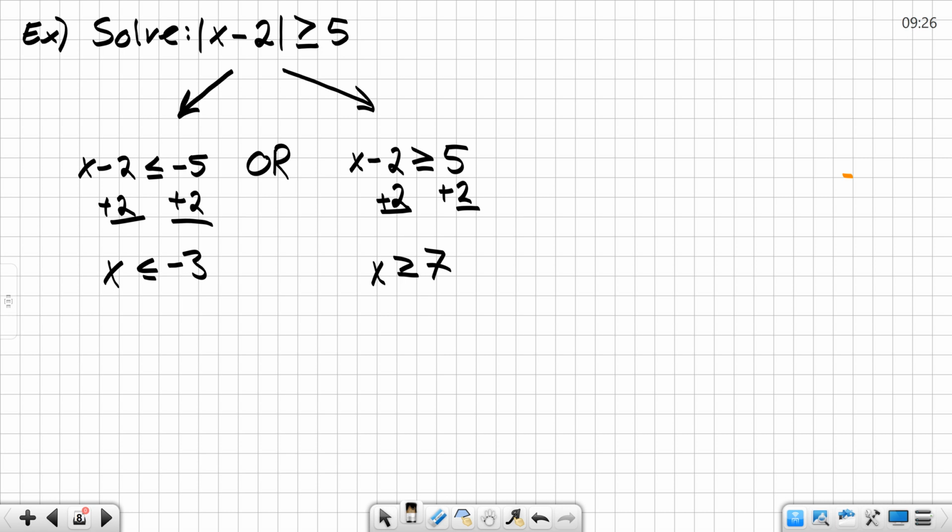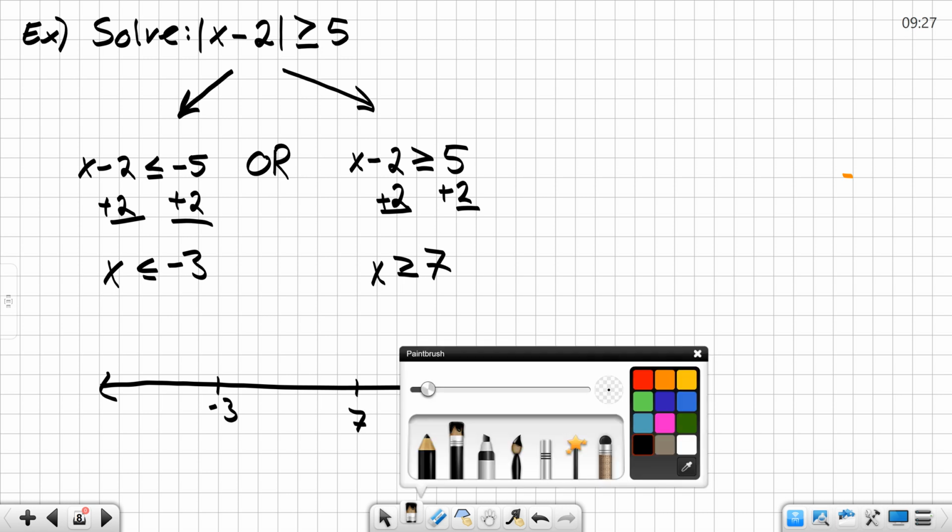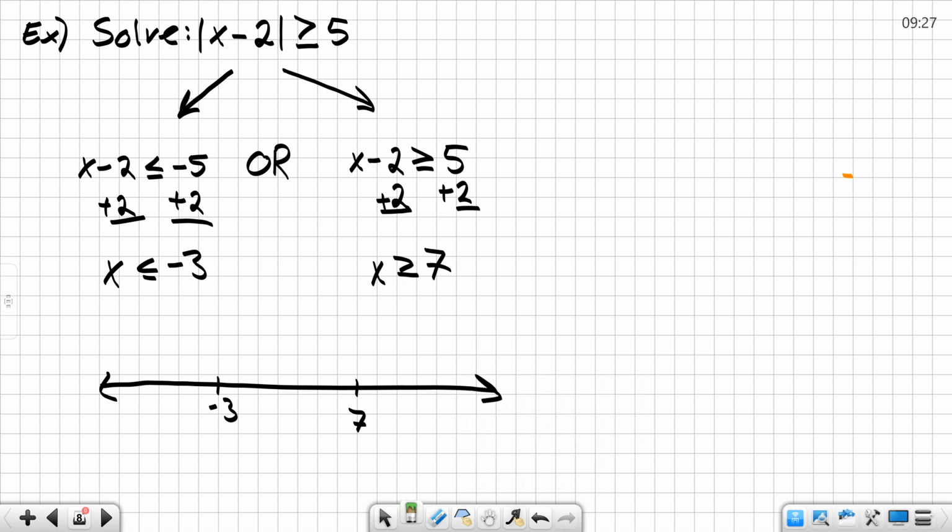So this means, as a graph, if I am putting this on a number line, I have negative 3 here, I have positive 7 right there. This one means, remember, to the left, that is smaller than or equal to negative 3, and because it is included in the inequality, I have brackets.